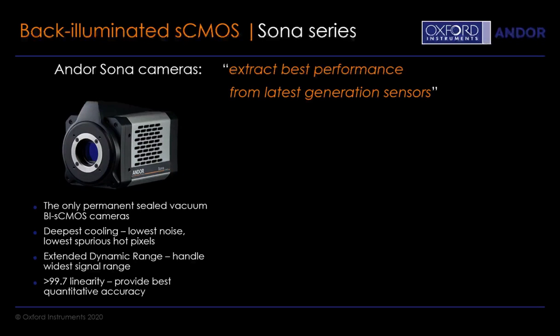Also importantly, these cameras have extended dynamic range, which allows them to handle the widest signal ranges. So that means that there's less need for adjusting camera settings, so that whenever you're imaging, you can tolerate a wide signal range and get optimum performance from the camera.